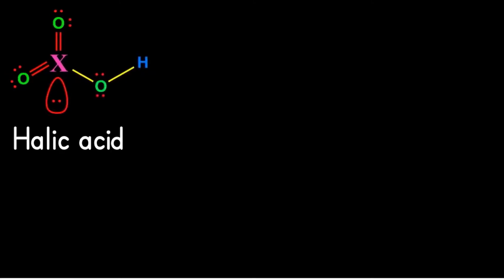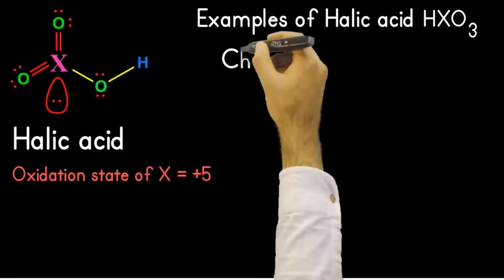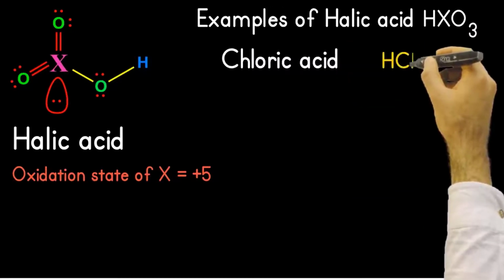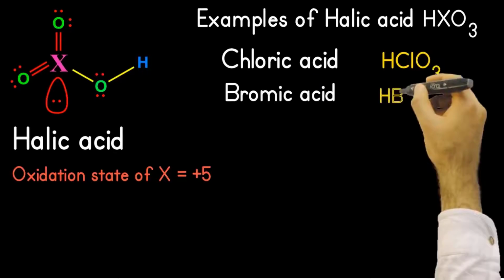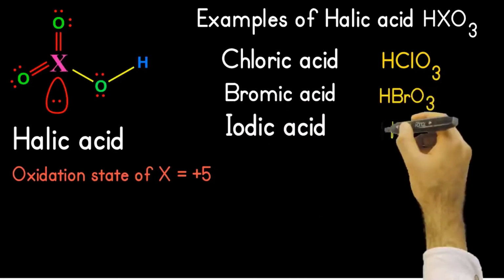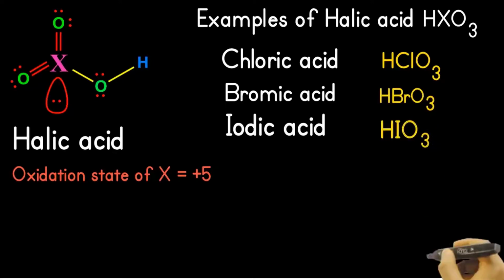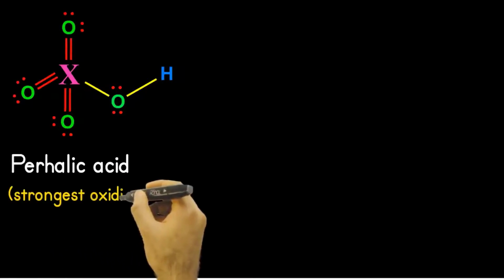So next we have halic acid. Oxidation number of central halogen atom X is +5 here. Examples of halic acid having formula HXO3 are chloric acid, HClO3, bromic acid, HBrO3 and iodic acid having formula HIO3. Next we have perhalic acid.